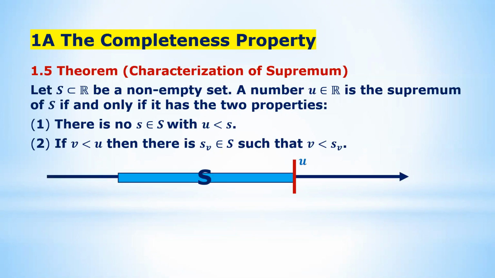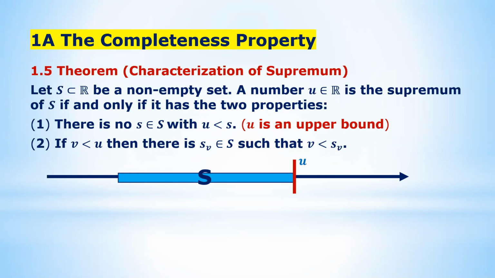So look at this picture. Here we have a situation where S is a set, and U is the supremum, the least upper bound. From this picture, let's try to understand these two properties, one and two. Property one is extremely simple. It simply says that U is an upper bound.